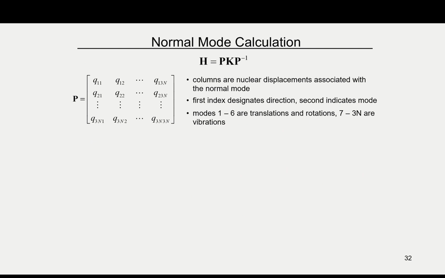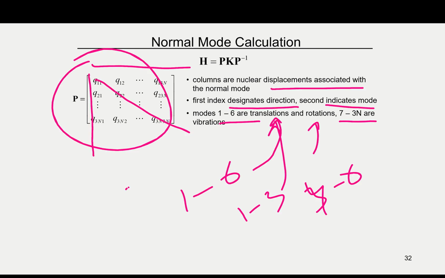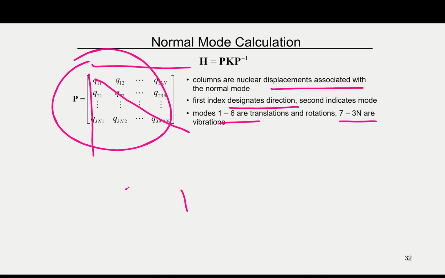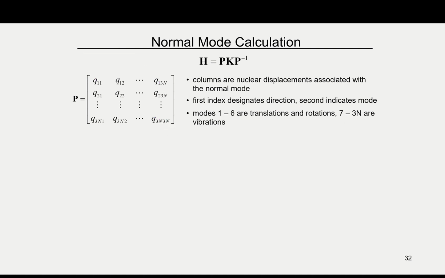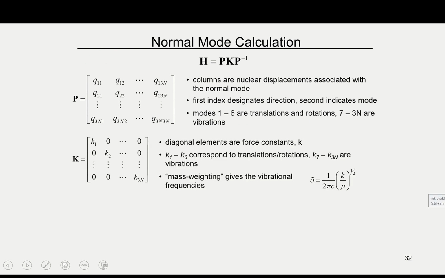If you want to know about the degrees of freedom, then definitely you need to know about 3n minus 6. You should remember to remove the translational and rotational modes, then you can get the rest of the vibrational modes. Now see, the diagonal elements are force constants, which means they will be second derivatives.